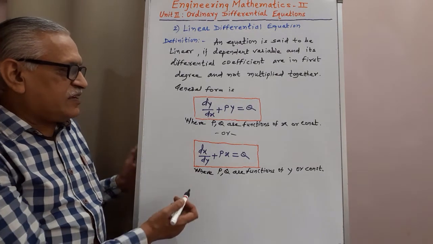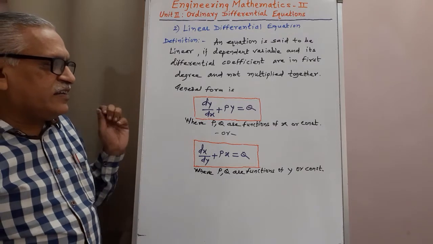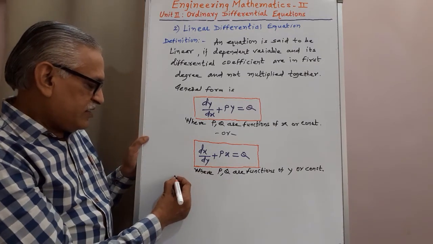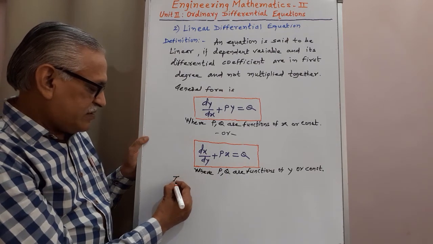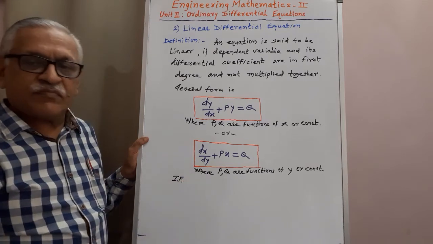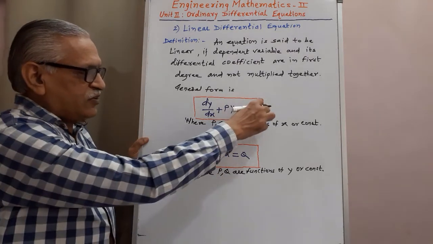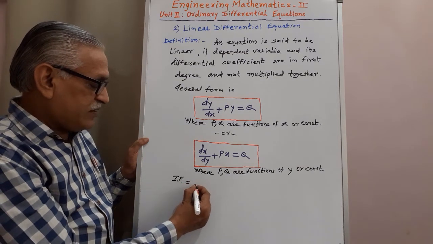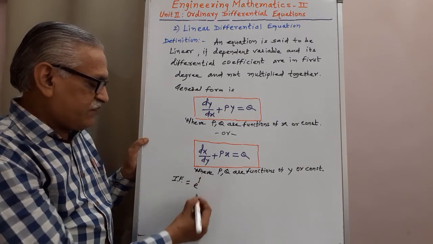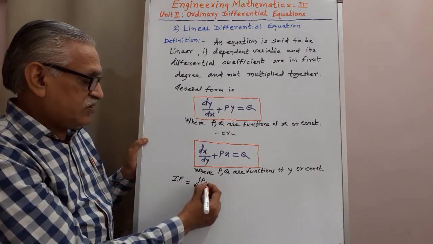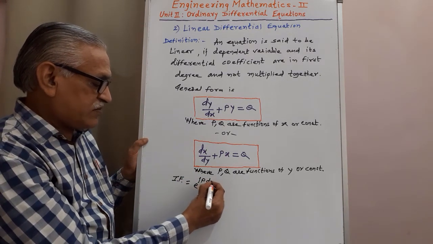After deciding that it is a linear differential equation, the next step is we require to find a multiplying factor, which we call the integrating factor. For the first case, that integrating factor is given by e raised to integration of p with respect to x.